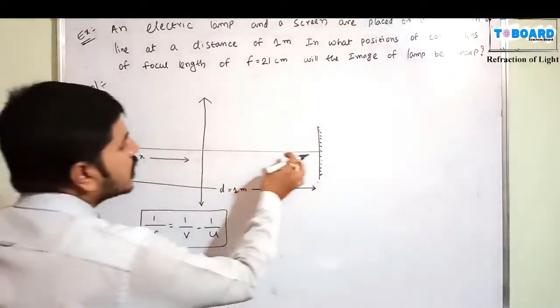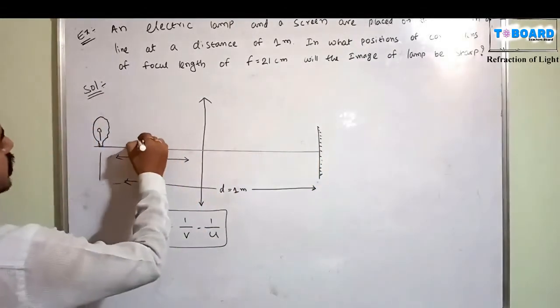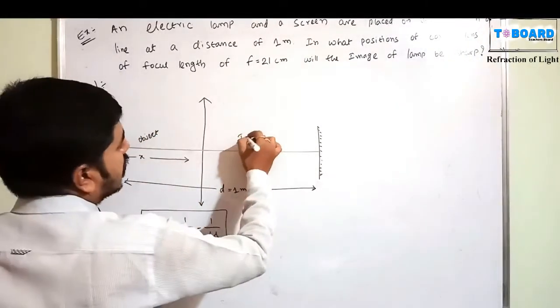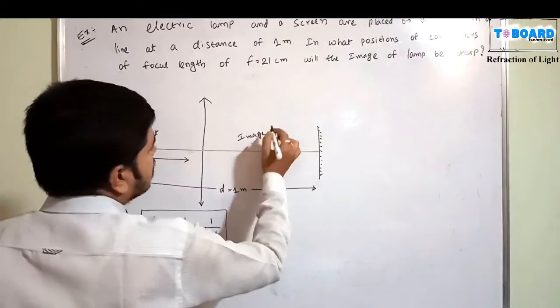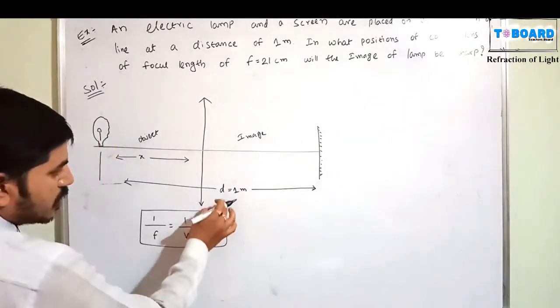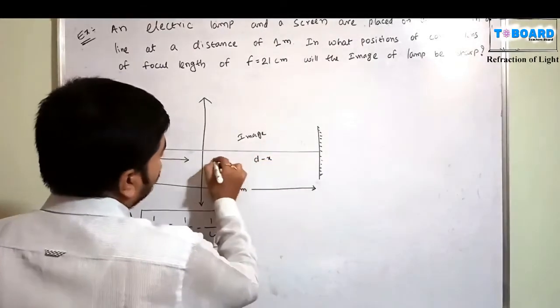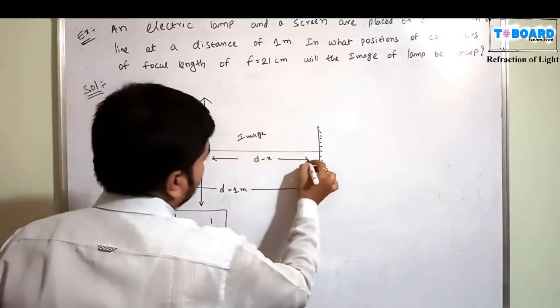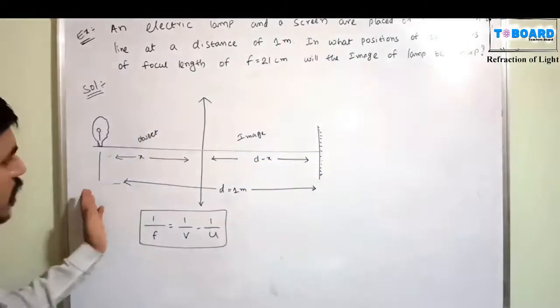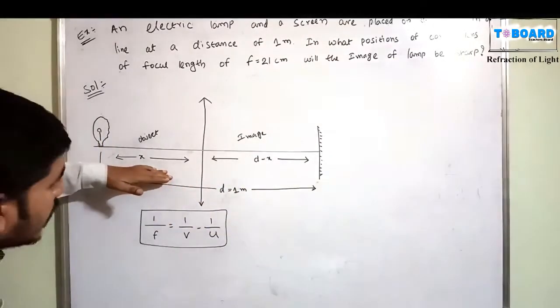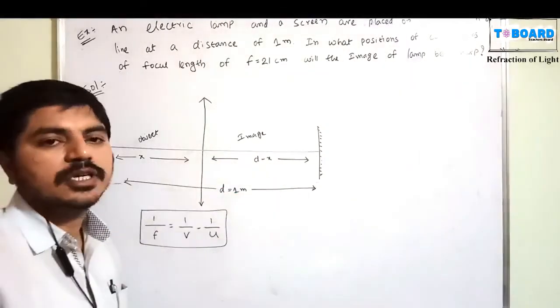So what about the image distance? This is the object distance, and this is the image distance. I don't know the image distance. It is d minus x. So d minus x is the image distance. The total is d, and inside it the object distance I consider as x, so the remaining part is d minus x.